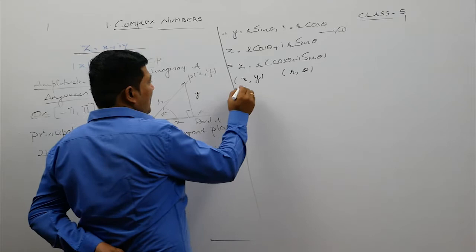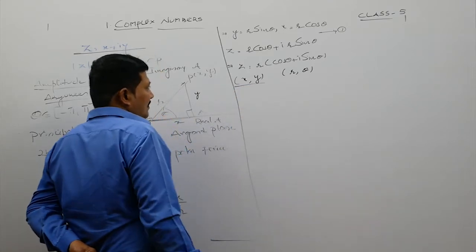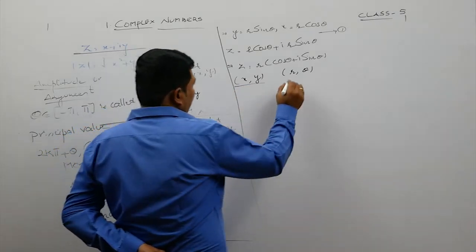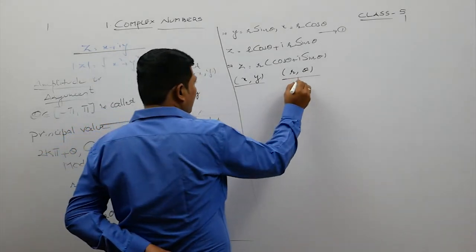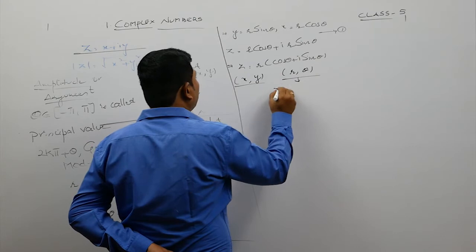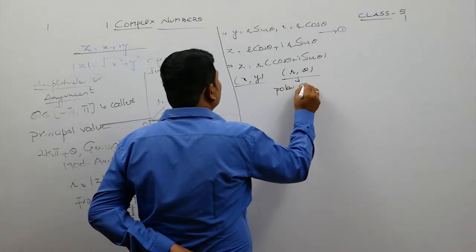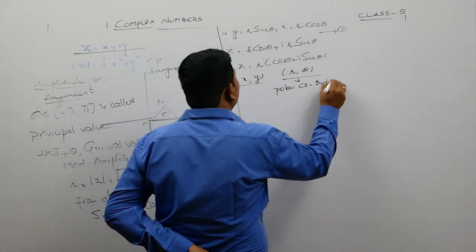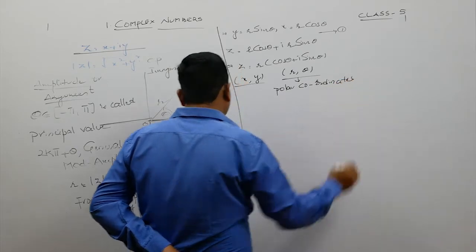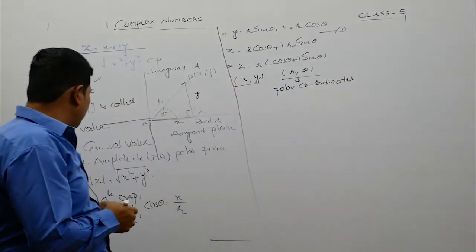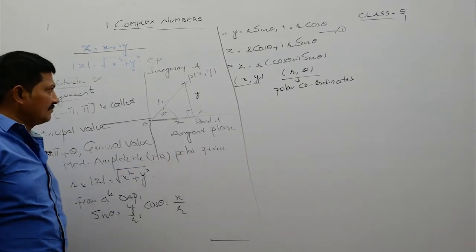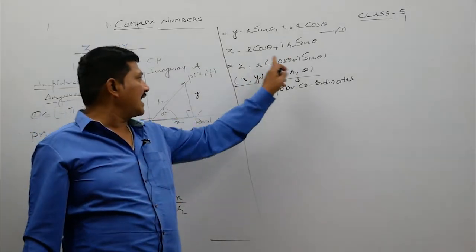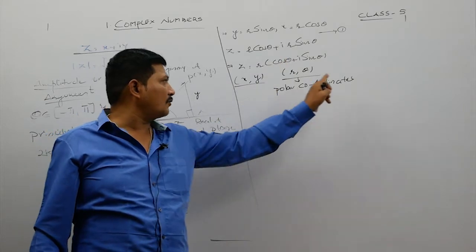Now these coordinate points are replaced by r as well as theta, and these are called polar coordinates. That's why sometimes this is also named polar form, because theta and r are both called polar coordinates.